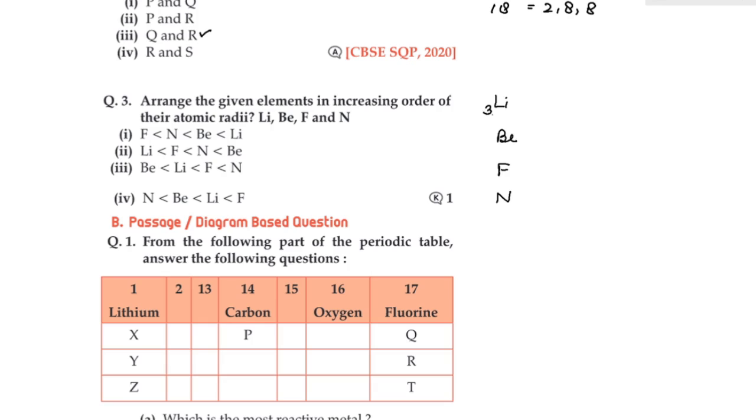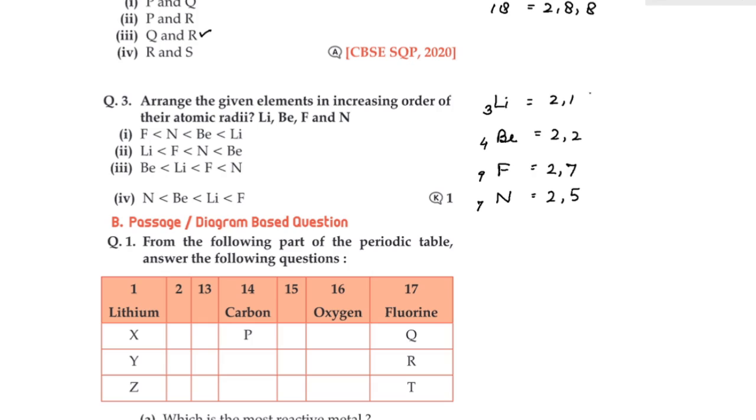Lithium is 3, beryllium is 4, fluorine 9, nitrogen 7. Let us make their electronic configuration. It is 2,1 for lithium, for beryllium it is 2,2, for fluorine it is 2,7, for nitrogen it is 2,5.